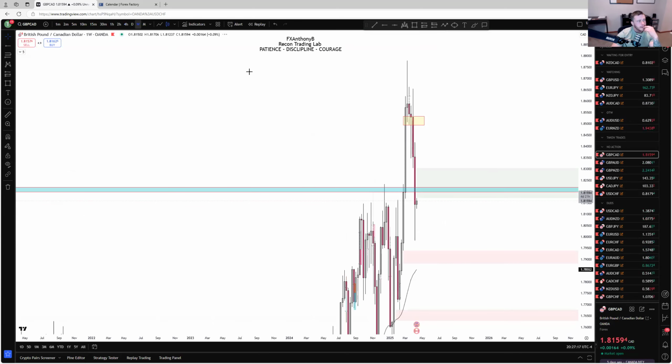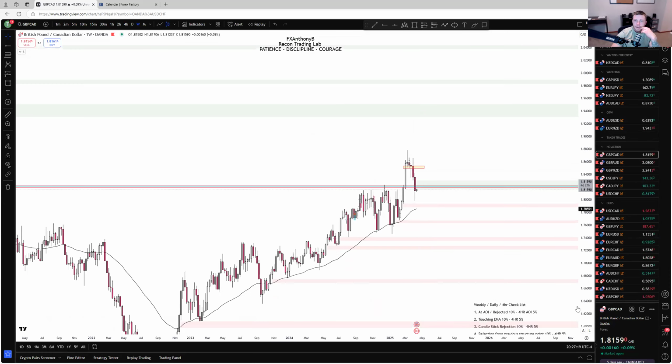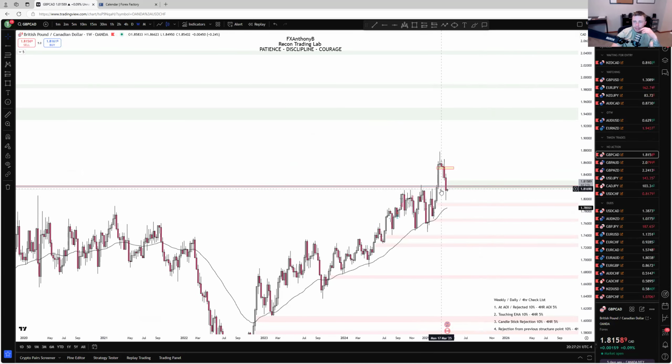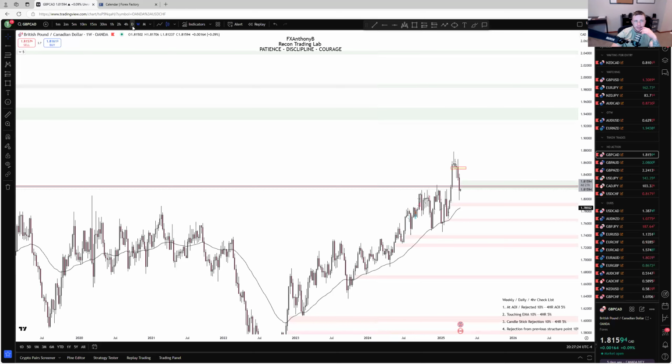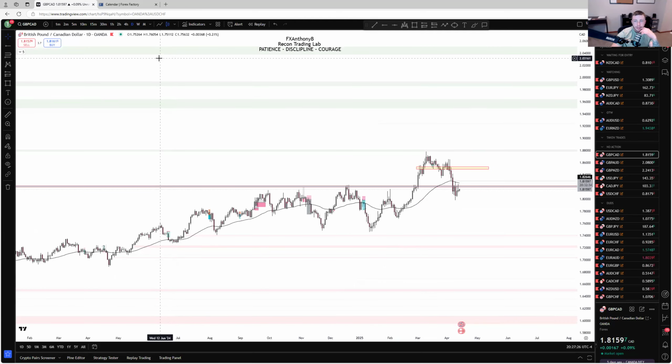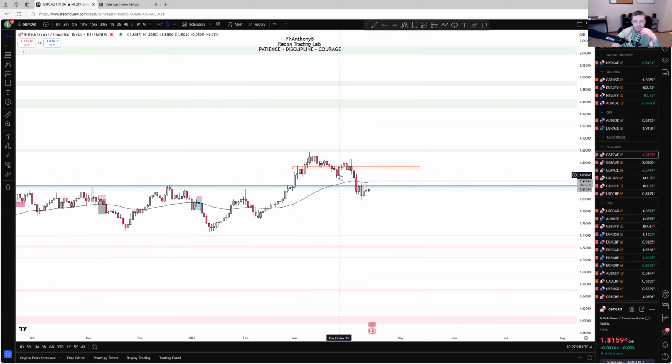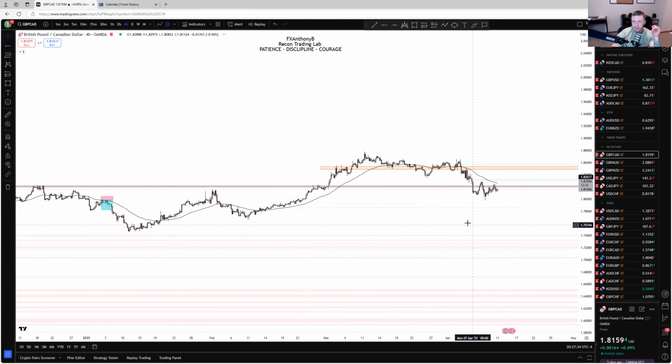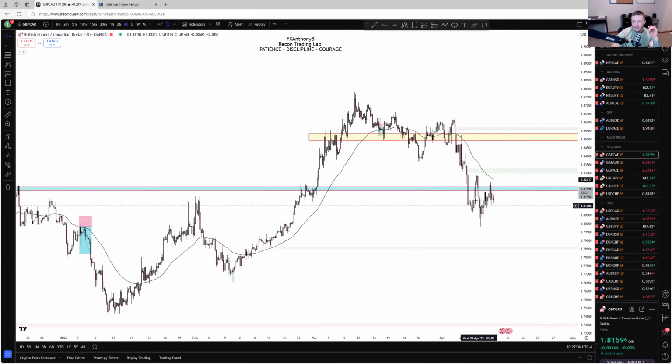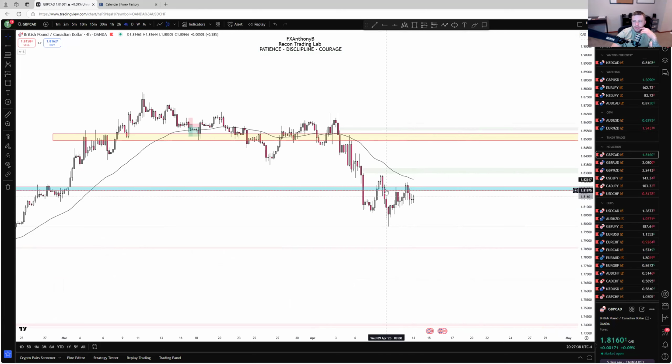GBP CAD. All right. Weekly retest. Weekly's bullish. Daily is bearish. Daily's bearish. 4 hour is bearish. Retest weeklies around psych.